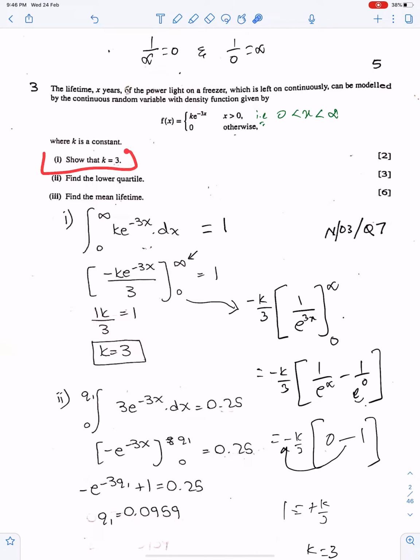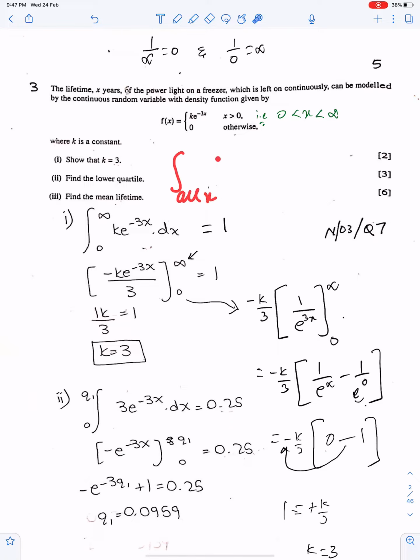The first part of this question, we have to show K3. Before starting this first part, I strongly recommend you to watch my first lecture on this chapter to understand the concepts well. For the unknown constant, to show this constant K3, we should use this formula.